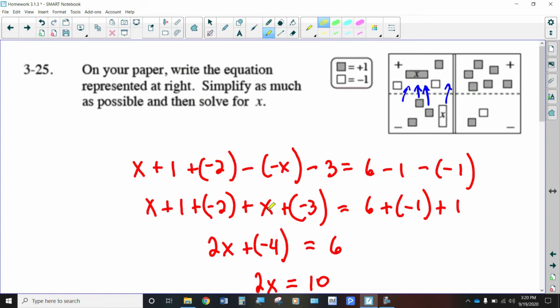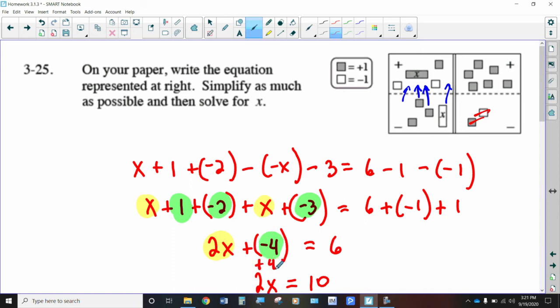And then you can add your x's together to get 2 x's. And you can take your 1 and your -2 and your -3. -2 and -3 make -5, and then you got a 1 to cancel out a 0 pair to make it -4. And on the right side, these guys cancel each other out. They make a 0 pair, just leaving you with the 6. So 2x plus a -4 equals 6.